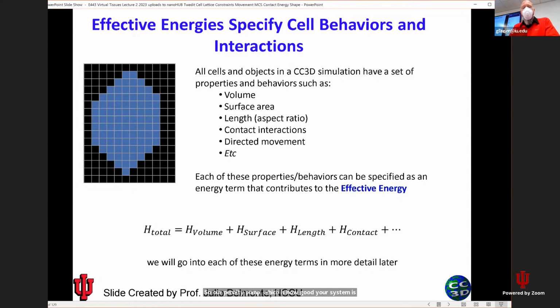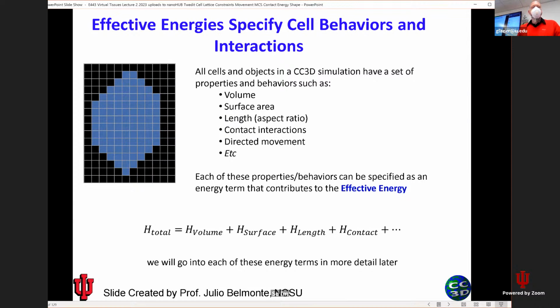In Computational, you have the same thing. You have something called an effective energy, which defines essentially the degree to which the state of the system matches or doesn't match some target.